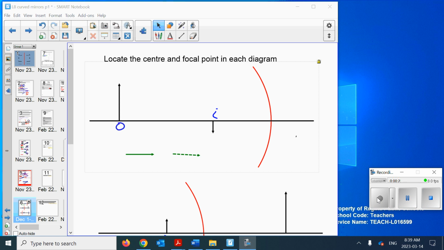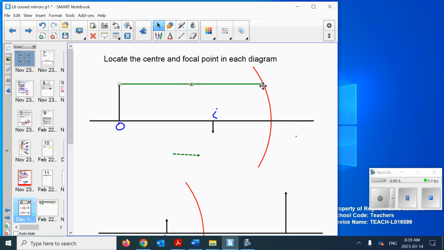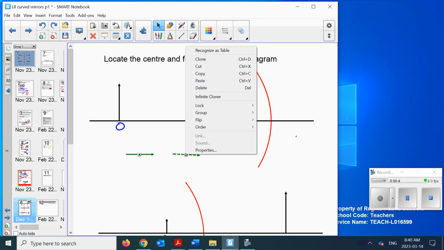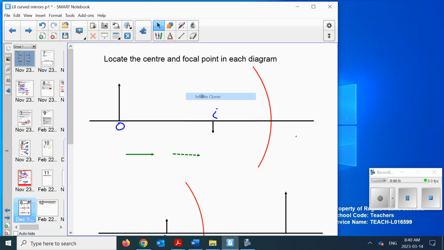One of the rules, the first rule I find the easiest: if it hits the mirror going parallel to the principal axis, it goes through the focal point.